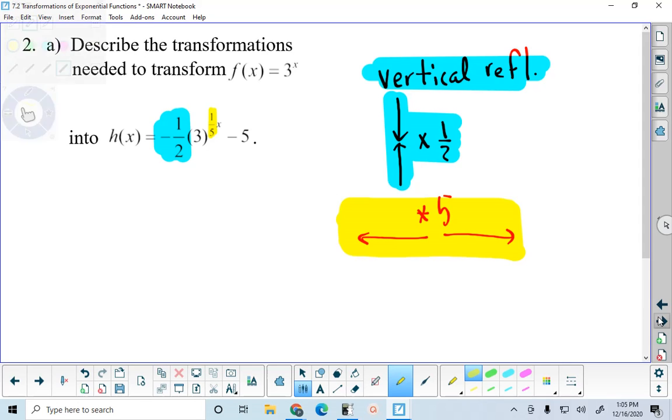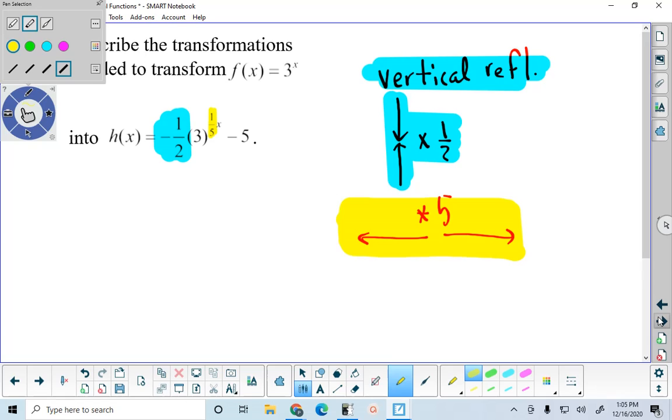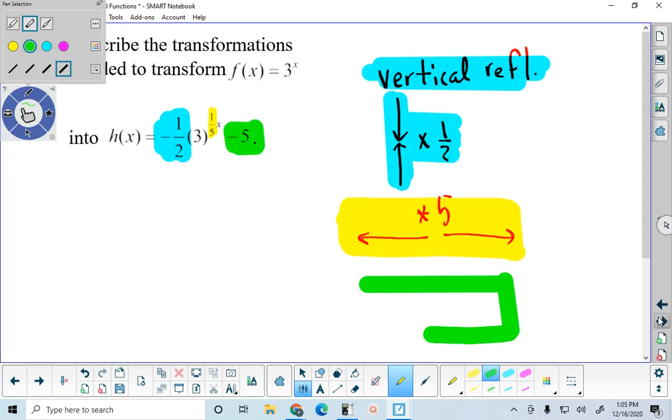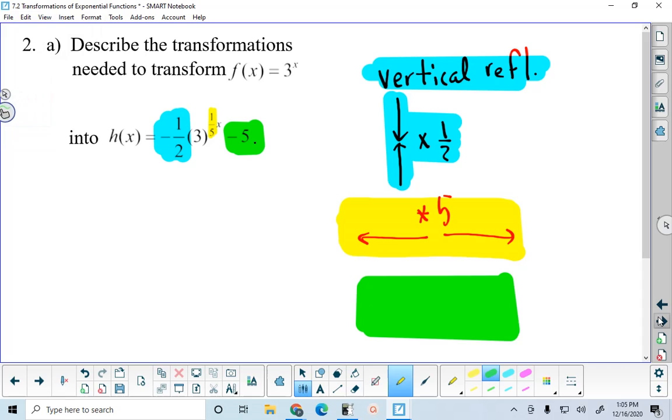Then we have a K value. There is no H value this time. We have a K value of -5, which means that we shift 5 units down.